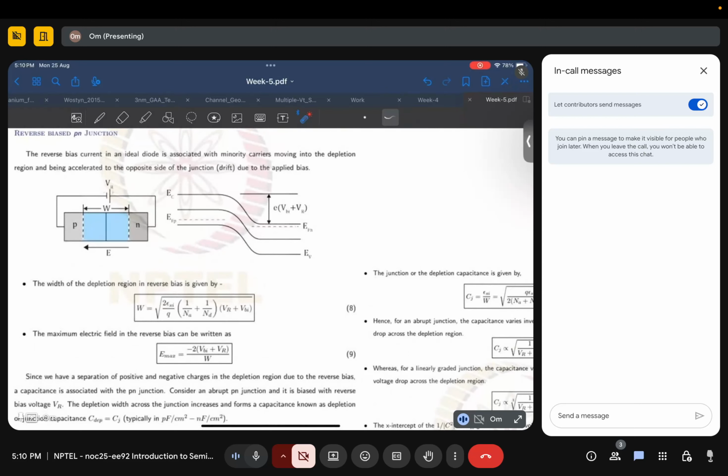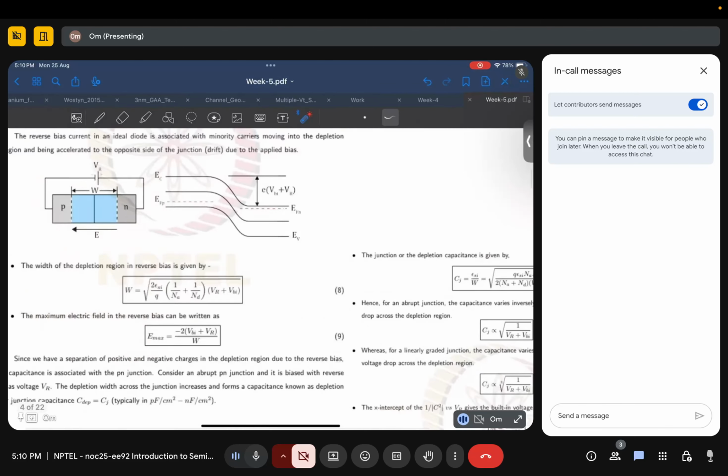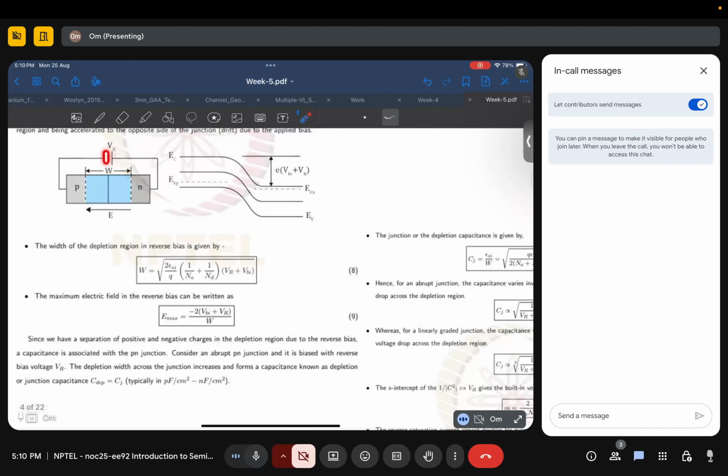And what happens in reverse bias? Let's see. In reverse bias, you apply a smaller potential to the P side and a higher potential to the N side, such that this barrier further increases to VBI plus VR.